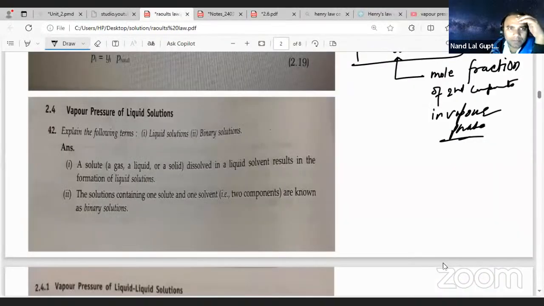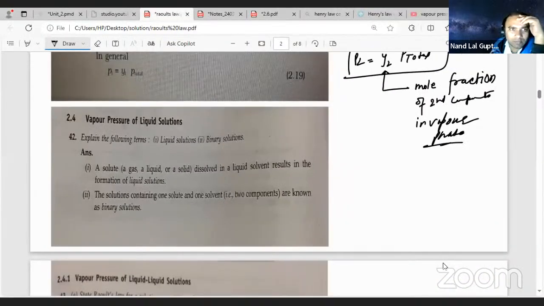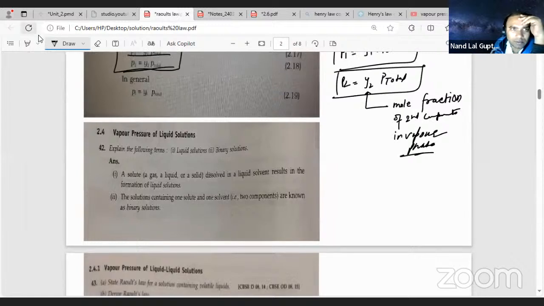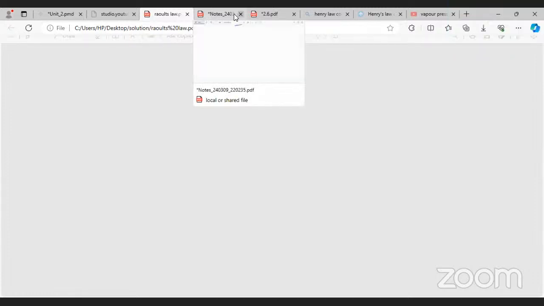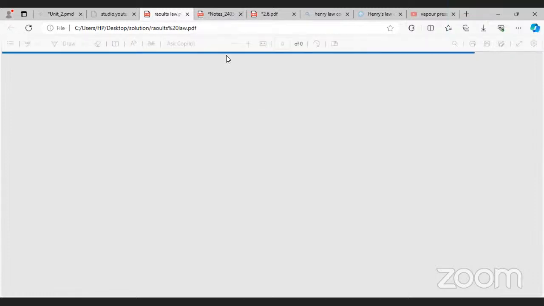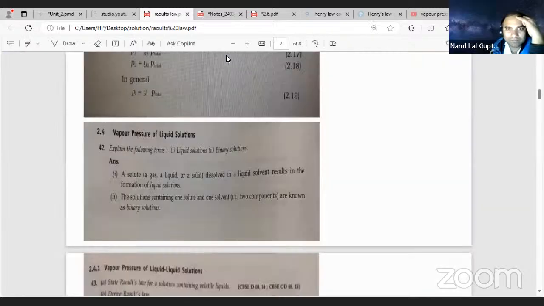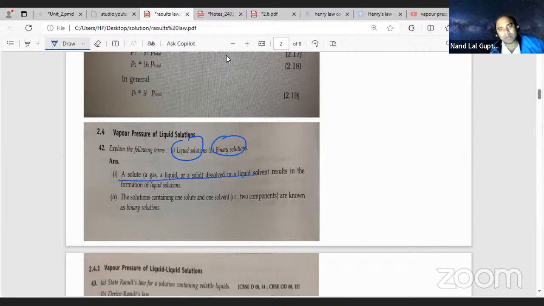Here it says vapor pressure of liquid solution. What is vapor pressure of liquid solution? Sir, the vapor particles exert pressure on the surface of the liquid. So here, in terms of liquid solution, binary solution: a solute dissolved in liquid solvent results in the formation of liquid solution.